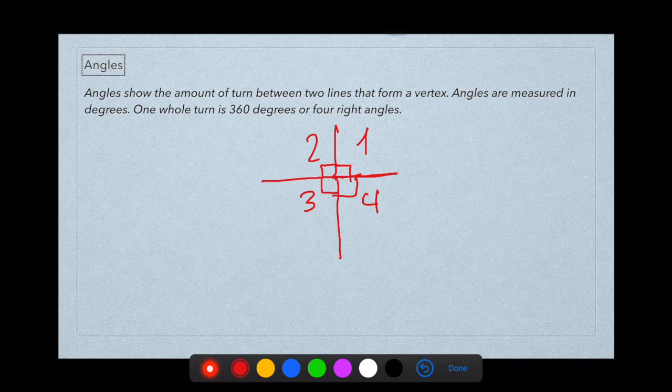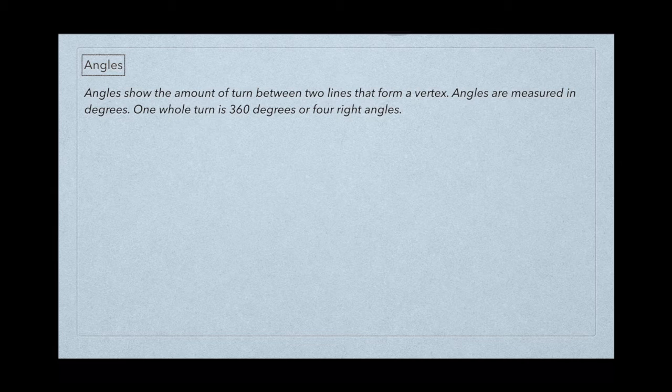So as you could see, if I go from this part all to the other part, I'm going to have a full turn. So a full turn is actually 360 degrees, which means 4 times 90 degrees, or 4 right angles.